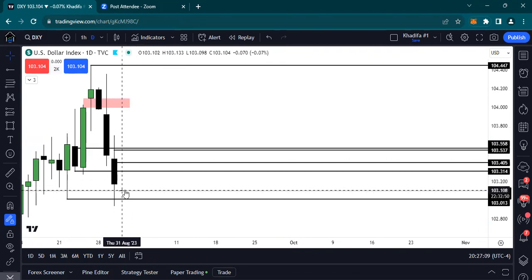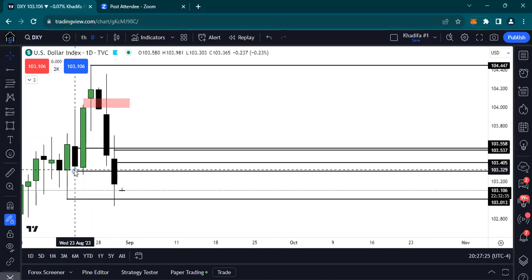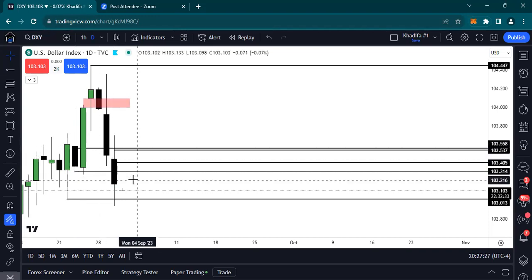So I'm expecting price to do a few things, right? We could see price push back up and retest that lower level of the weekly PD arrays that we just broke through in this daily order block, right?